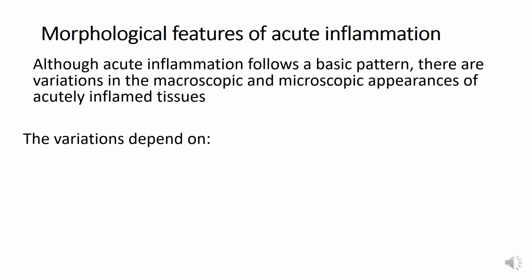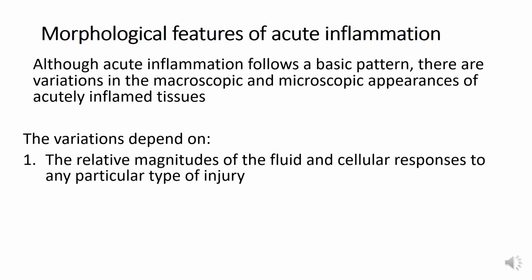So let us see. These variations will usually depend on several factors. Number one is the relative magnitude of the fluid formation, that is the exudate formation, and the amount of cellular elements, that is the white blood cells, entering the area that is inflamed.